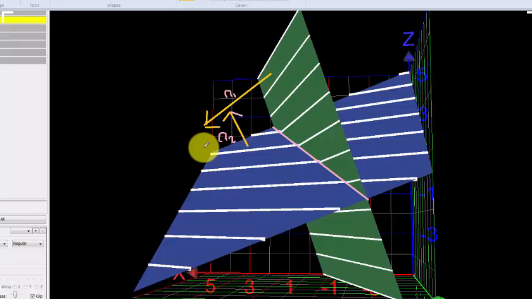Isn't it? I can just take the cross product of these two vectors. Once I take the cross product, what I directly get will be the vector which is perpendicular to both of these vectors, which is simply going to be that vector.